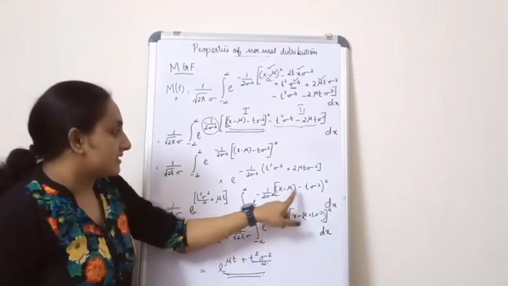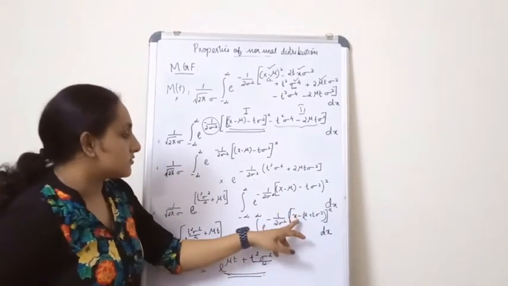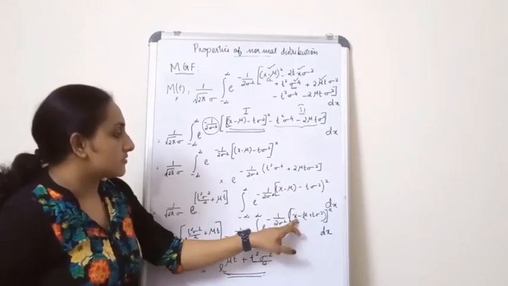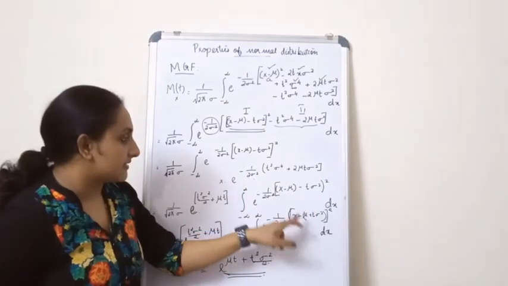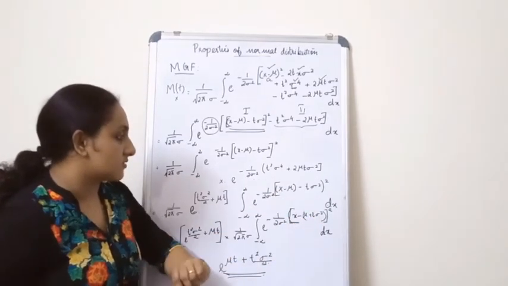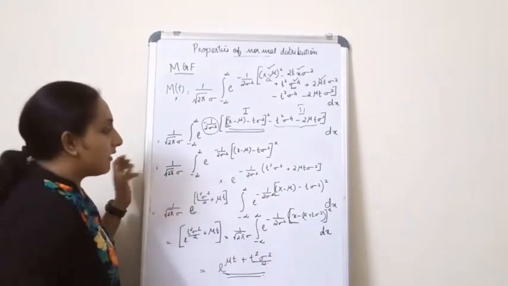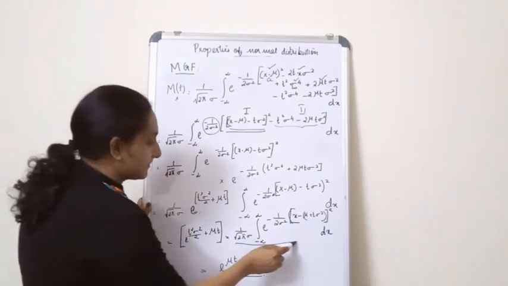What about this? Here I am going to do a small rearrangement. What I am going to do is, here instead of writing x minus mu, I am going to write x minus, I am going to give it a bracket, take the minus outside, mu plus t sigma square, the whole square. Okay, dx. Now, this is whole square. Okay, fine. Now, what is this?